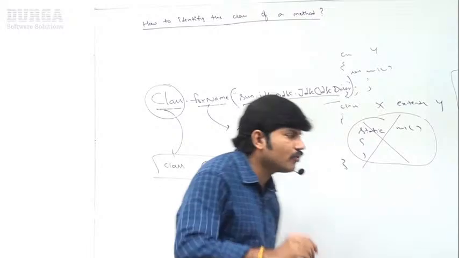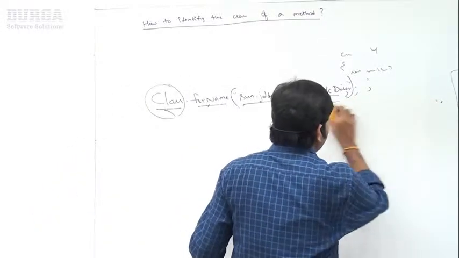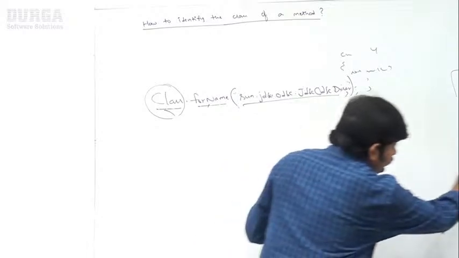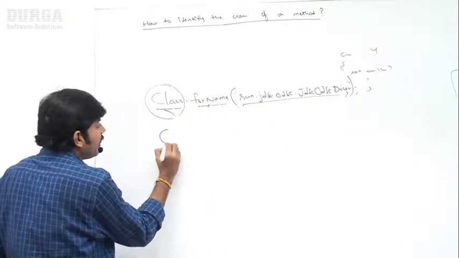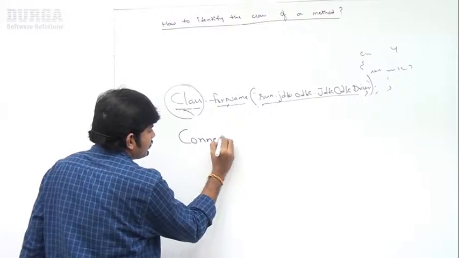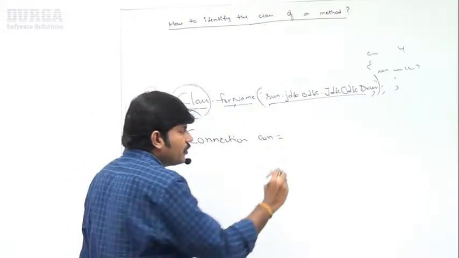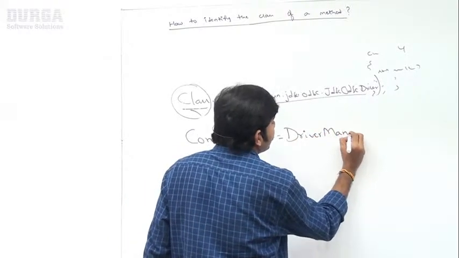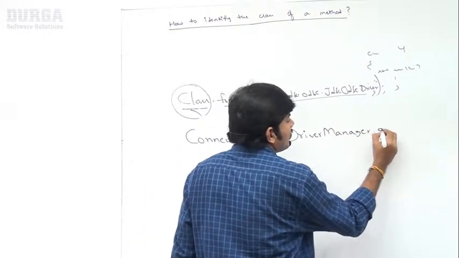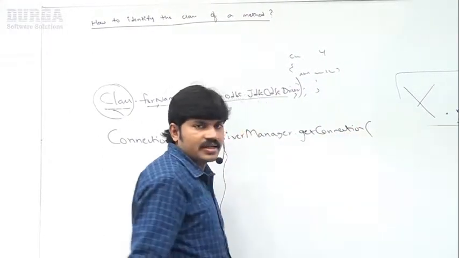Similarly, I will go through one more example so that you get much more clarity. Observe that. Sir, if you want a connection object: Connection con = DriverManager.getConnection.